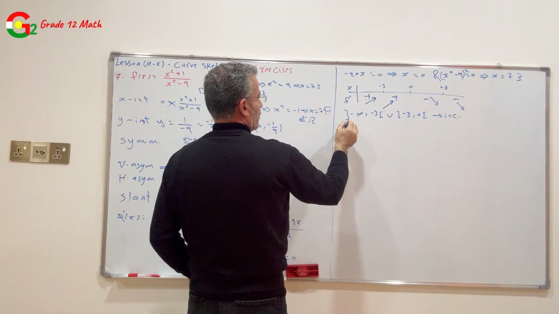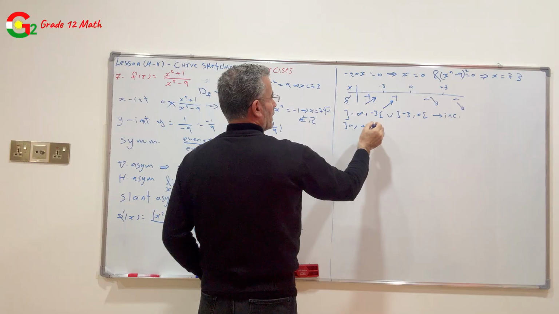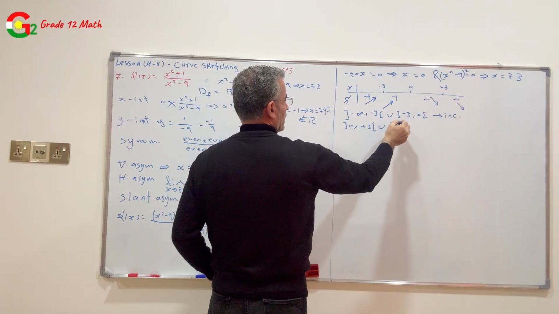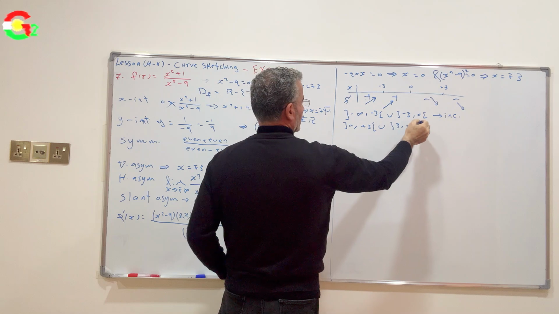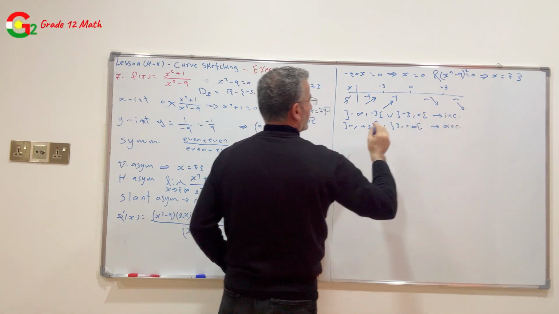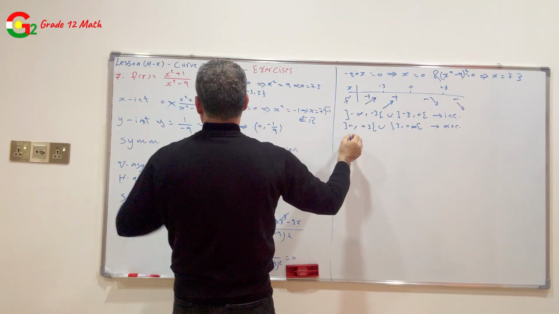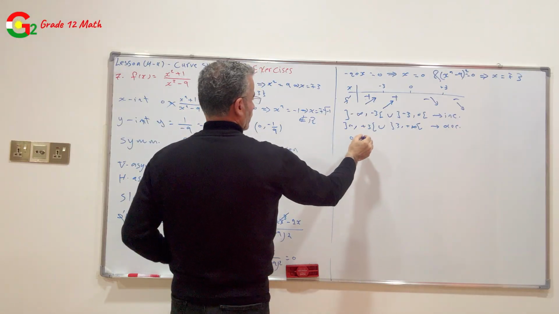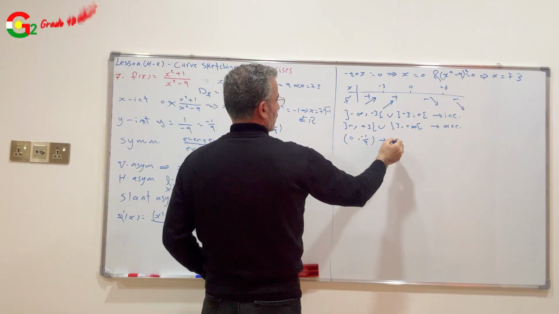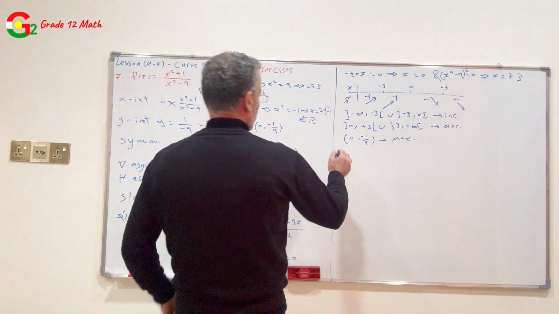And from 0 to positive 3, union 3 to positive infinity, the function is decreasing. And the point 0, f of 0, which is negative 1 over 9, is the local maximum value for this function.